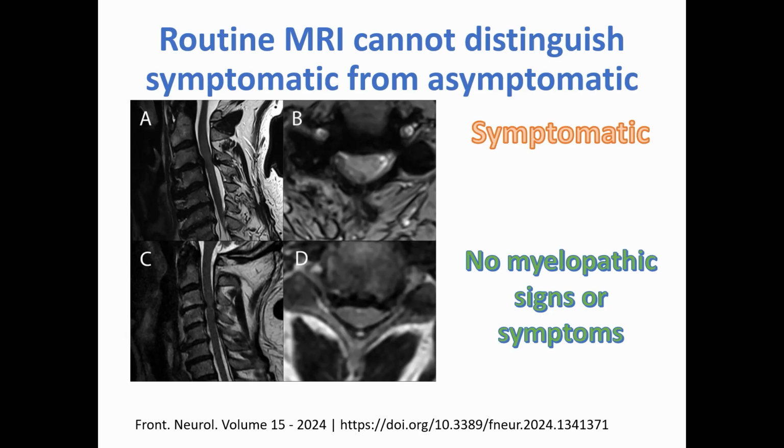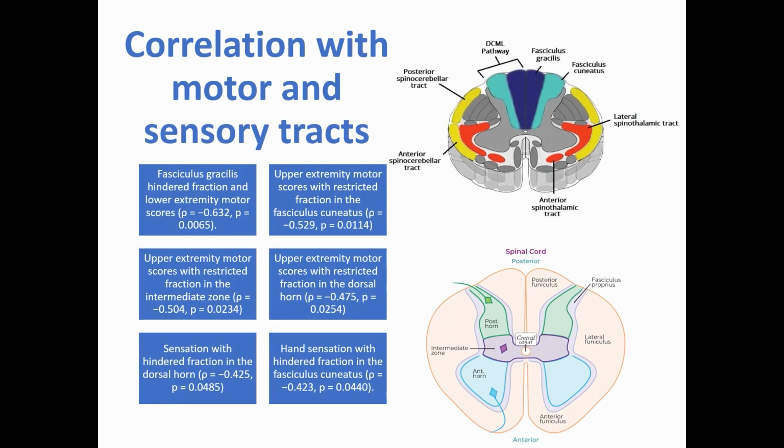This is a top abstract because for the first time, we're potentially able to use a technique to correlate these images with function. It's really promising. If you have the fasciculus gracilis affected, it hinders your lower extremity function, so that's why they lose balance.